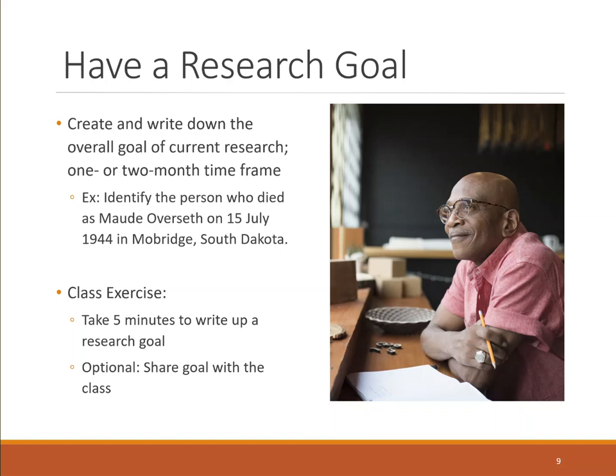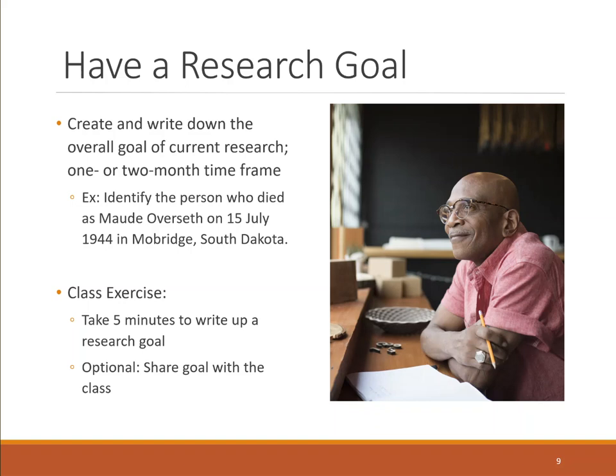Basically, what you should do before you sit down is have a research plan. And the first step of a research plan is having a research goal. And this could be the bigger goal. For instance, one of my goals is to prove this relationship on my wife's family line back to the Revolutionary War period.